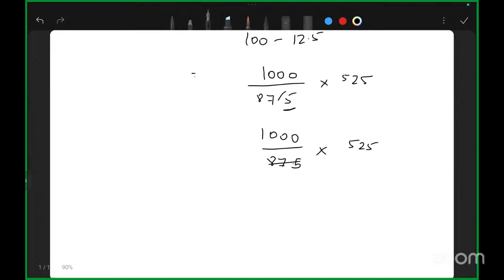Okay, now I will cancel 875 and 525 with the table of 5. 525 divided by 5 is 105, 875 divided by 5 is 175. Now 175 and 105 cancel with the table of 7. 7 fives are 35, 7 threes are 21.